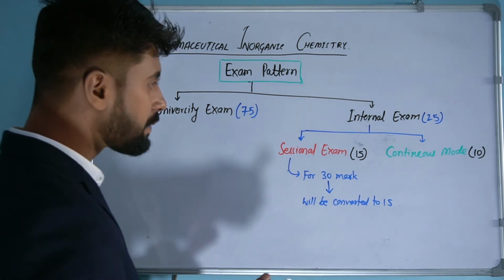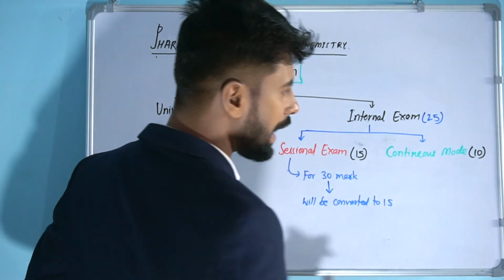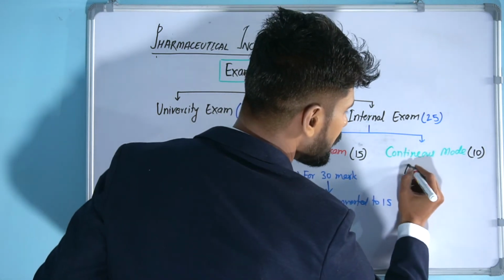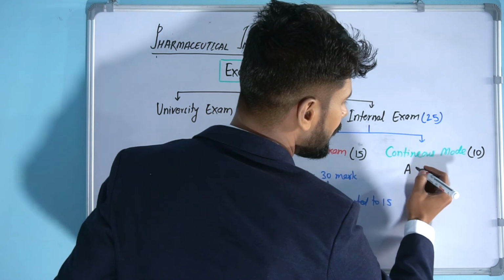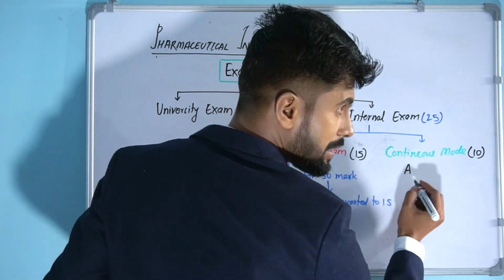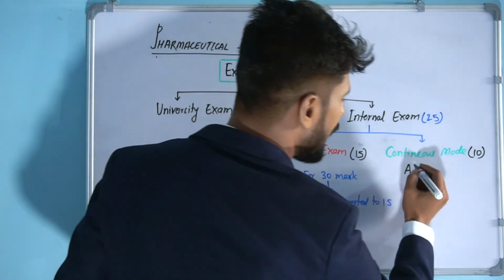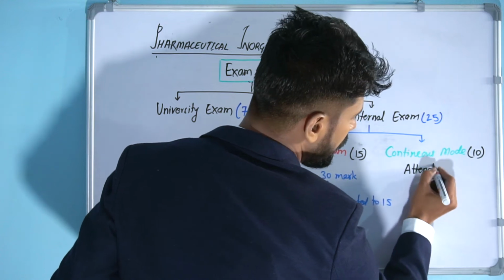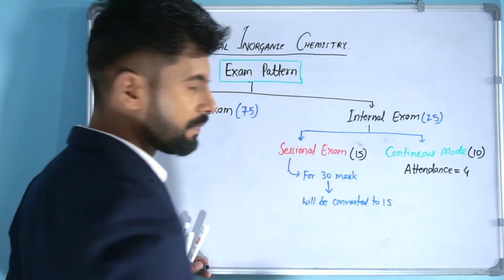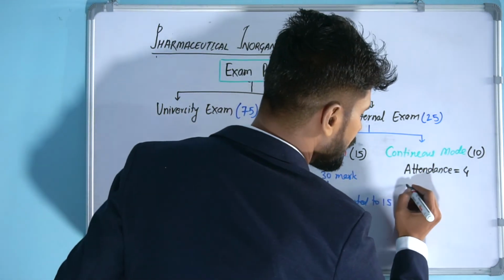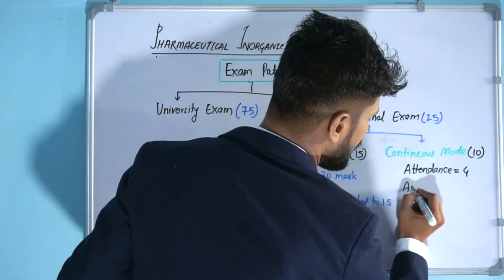What is continuous mode? If you see continuous mode, here 10 marks are there, which are further divided into 3 categories. The first criteria is your attendance, which carries 4 marks. The next one is your assignment.